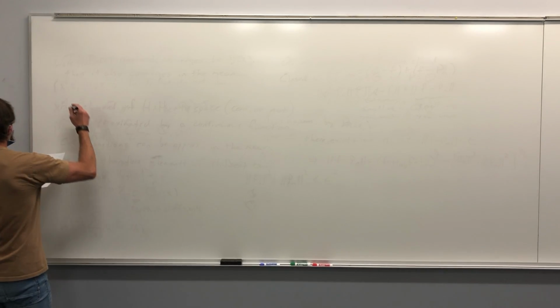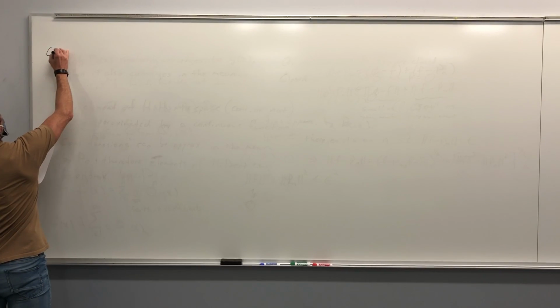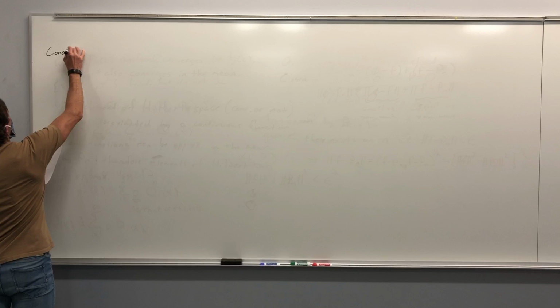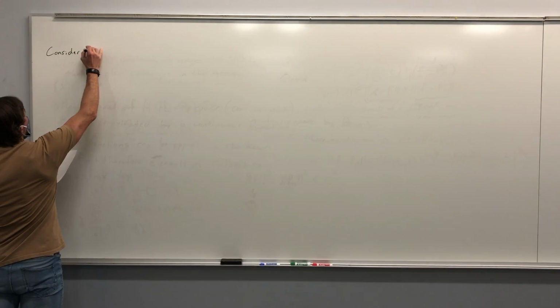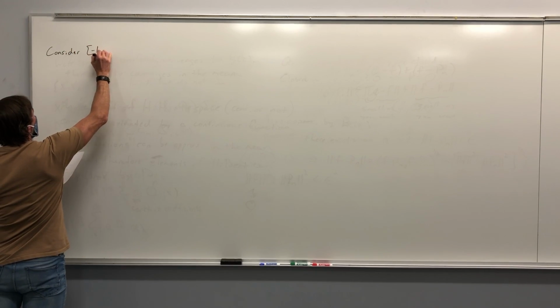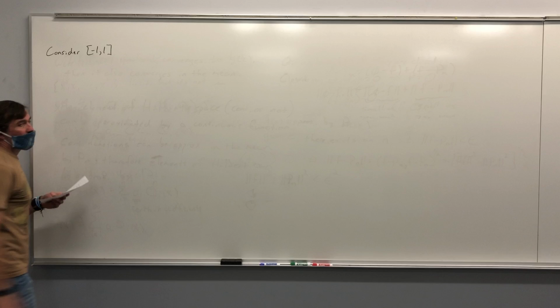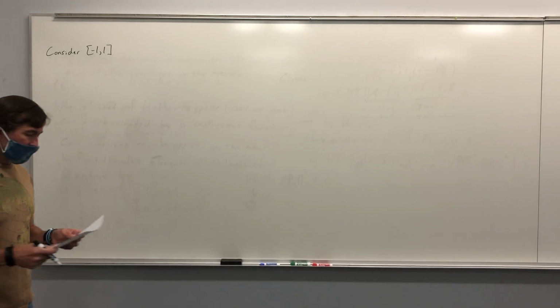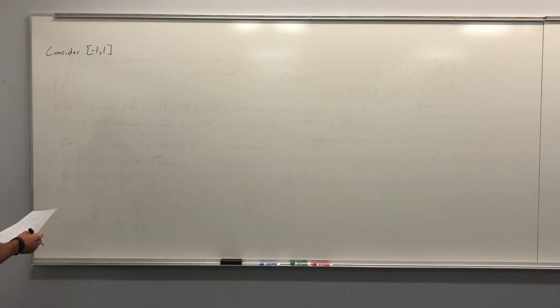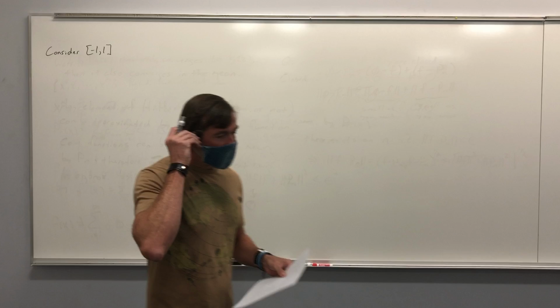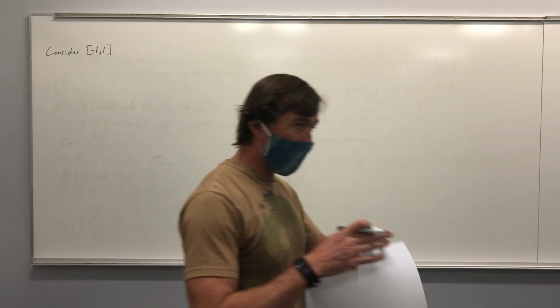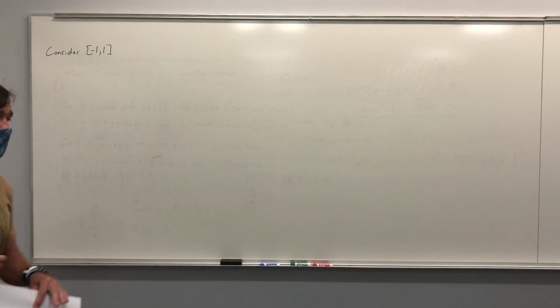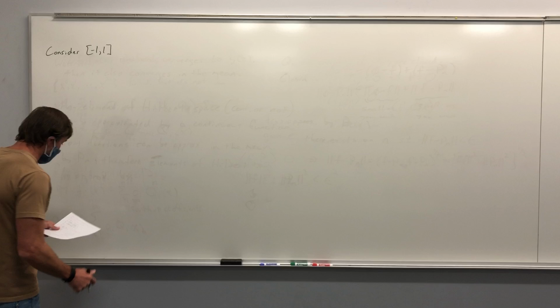So I want you to consider, for simplicity, the interval -1 to 1. Remember everything we talked about with Weierstrass and so forth, we always have to work on a finite interval from a to b, so we're just going to take that interval to be -1 to 1.